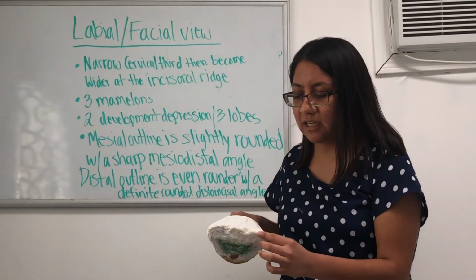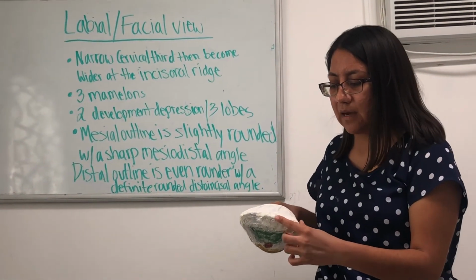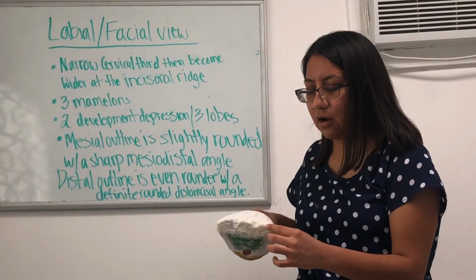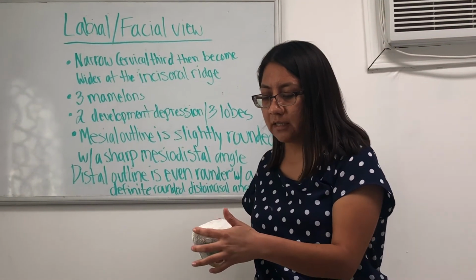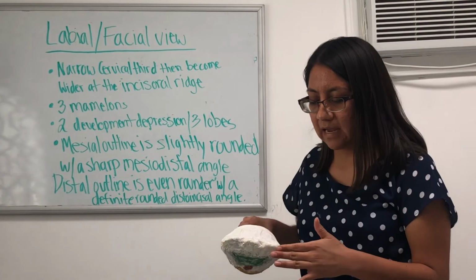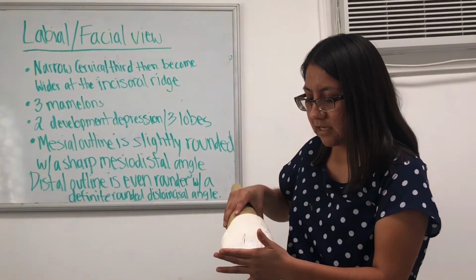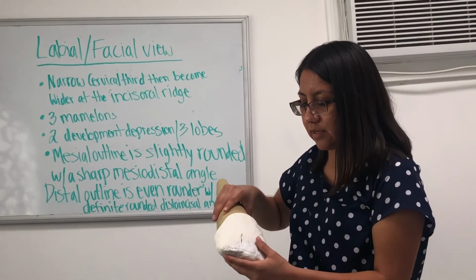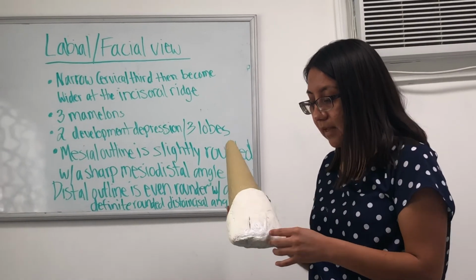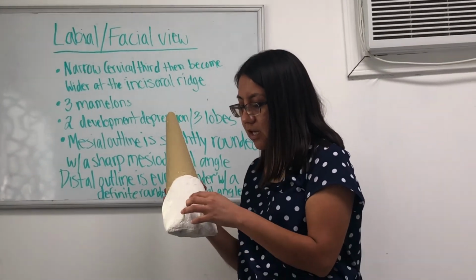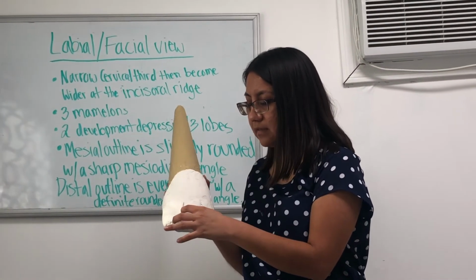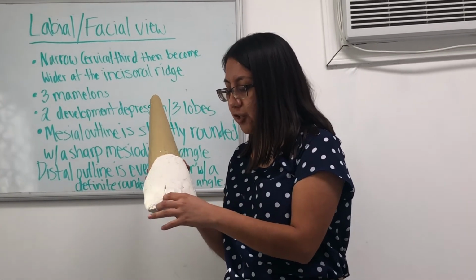It's mostly seen on children, and they go away as you get older, and it becomes a straight incisor ridge. Above you see 2 developmental depression grooves.